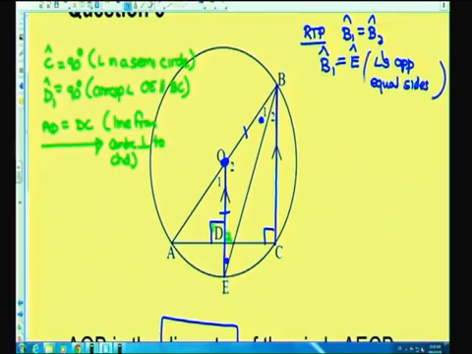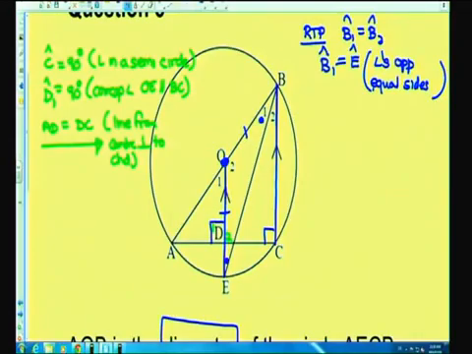Some people use the reason isosceles triangle. Strictly speaking, that is a definition, but we're not out to get you. I think a lot of the departments accept that. Right, so once we're there, we have to get B2. Is there any way that B2 is also equal to E? And the good news is it is. Have a look there.